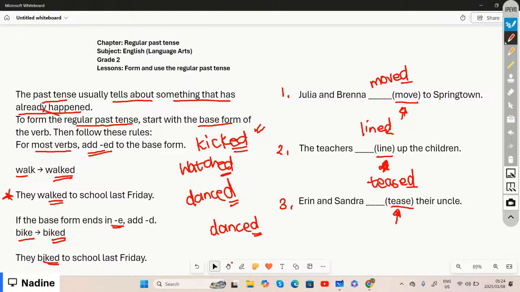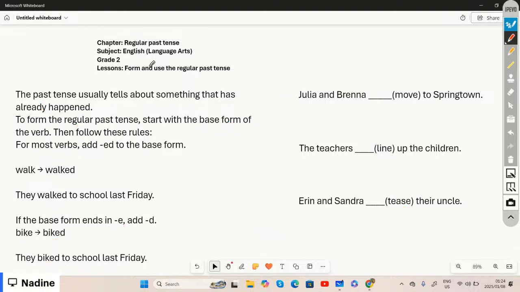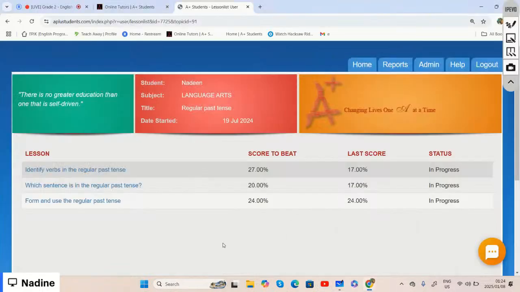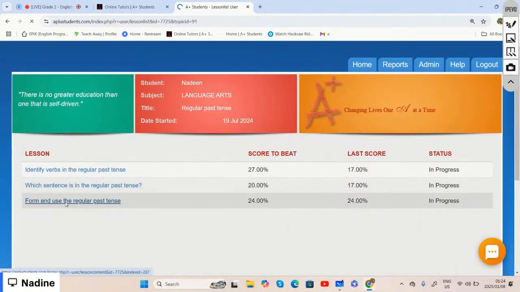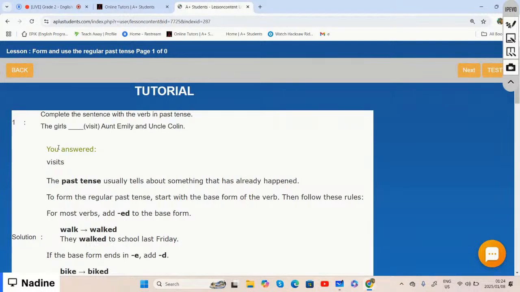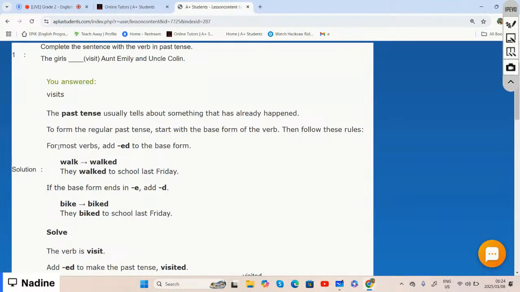All right. So now we're going to go to aplusstudents.ca, and we're going to form and use the regular past tense, and then we're going on to our test. And we said that the past tense usually tells about something that has already happened.